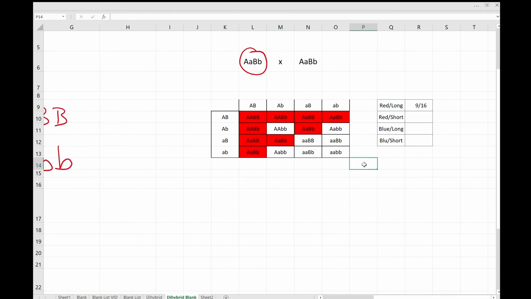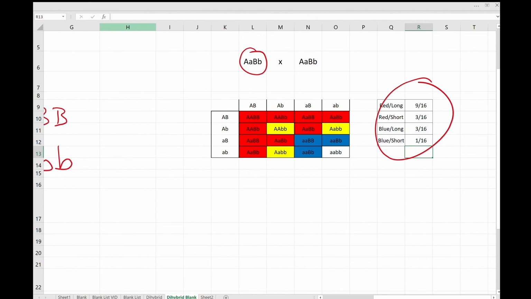Now, how many are red and short? 1, 2, 3. Let's highlight those. So that means 3/16 of those are red and short. How many are blue and long? That's 3/16. And how many are short and blue? 1/16. So now we have a 9 to 3 to 3 to 1 ratio out of 16.